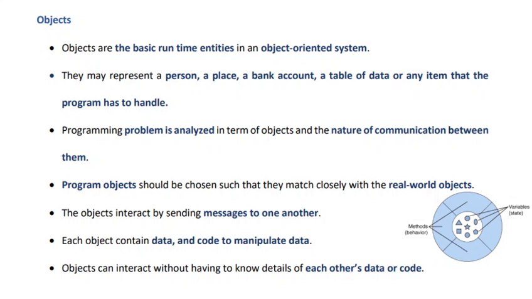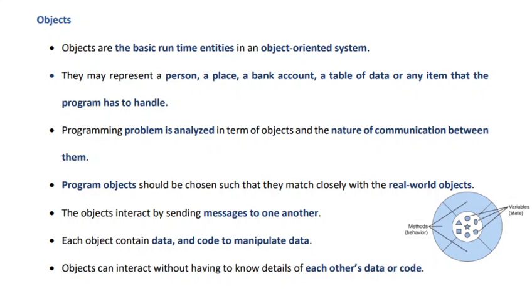Right, so here what we are doing is, just see, the objects in the real world are being interpreted as logical objects in the logical world or object oriented system. So an object can be a representation for a person or a place or a bank account or a table or any item that the program has to handle.